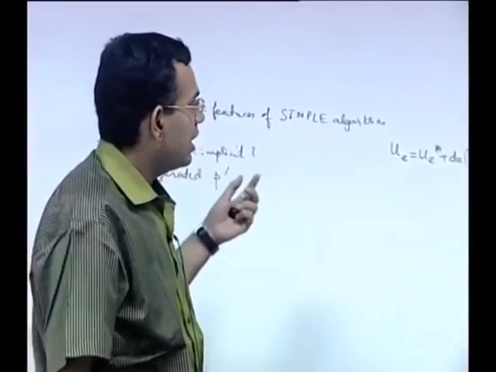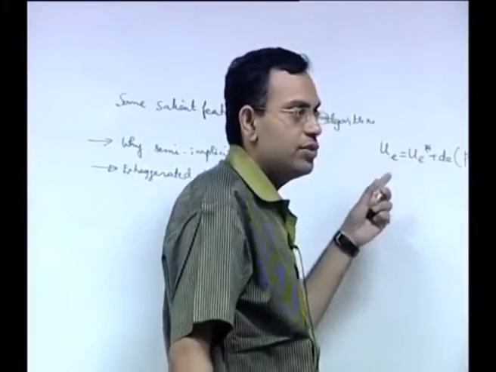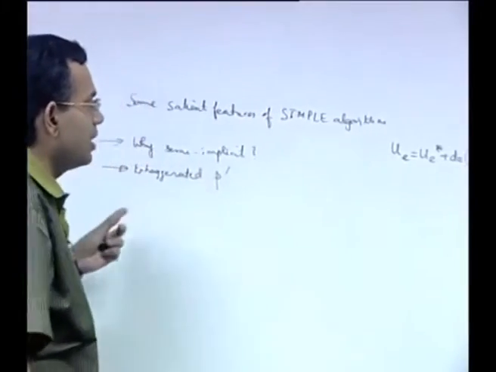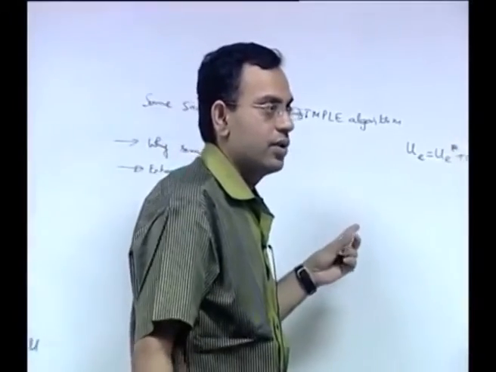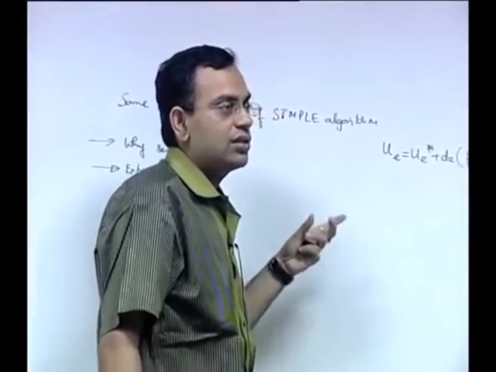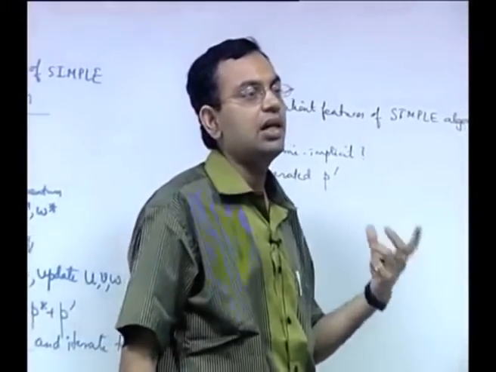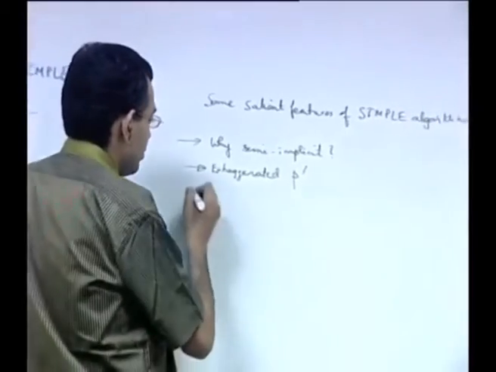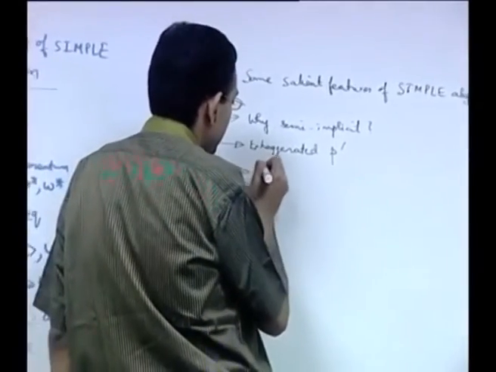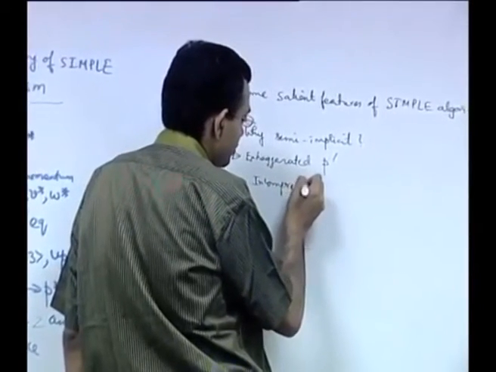Now, the SIMPLE algorithm which we have described is basically for incompressible flows. So, we have not used any relationship between the pressure correction and the density. This is the incompressible version of the SIMPLE algorithm.